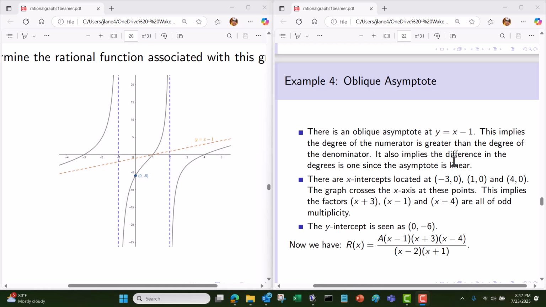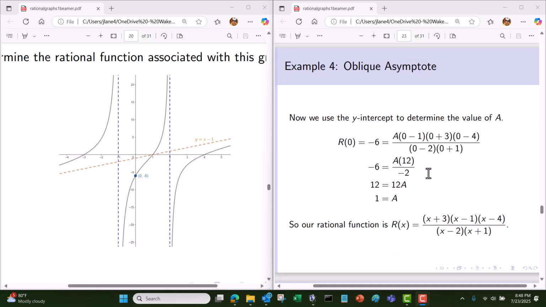Our last piece of information from the graph is that we have a y-intercept at (0, -6), and we'll use that to get our leading coefficient. Right now we have a rational function equal to some value, capital A, that we'll determine in just a minute, times the product of the factors x minus 1, x plus 3, and x minus 4, all divided by the product of the factors x minus 2 and x plus 1.